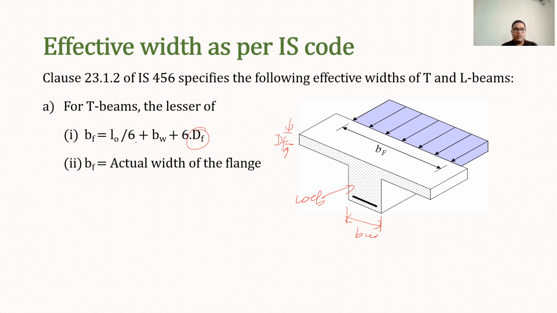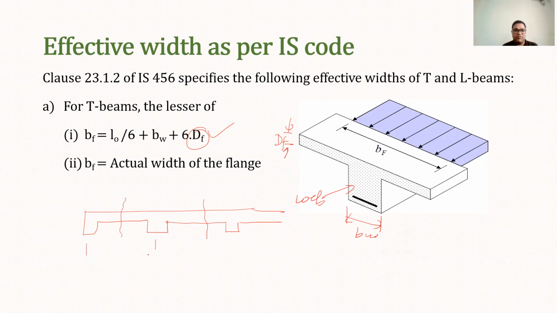Either we calculate BF with this formula, or BF is the actual width of flange. For example, if we have this kind of formation of the beam, the actual width of flange will be the center to center distance of the span.